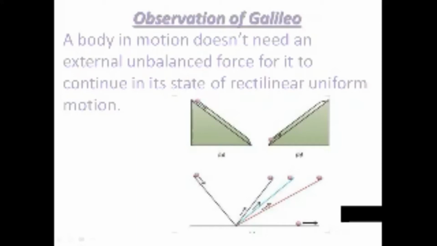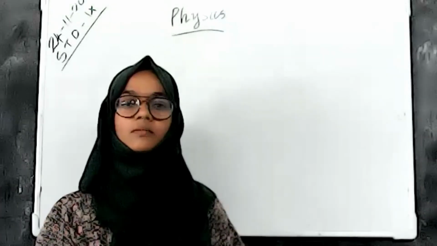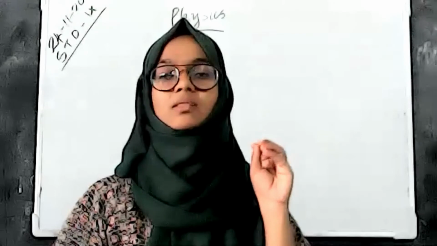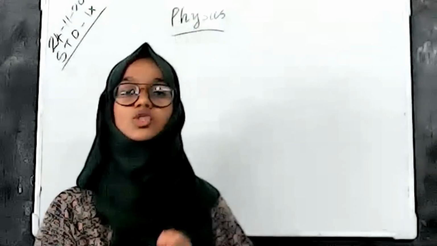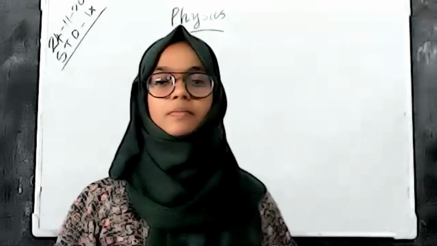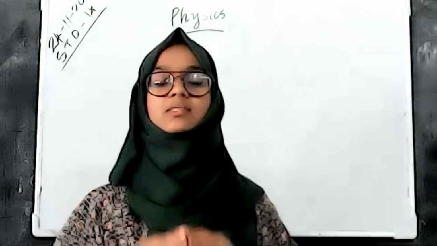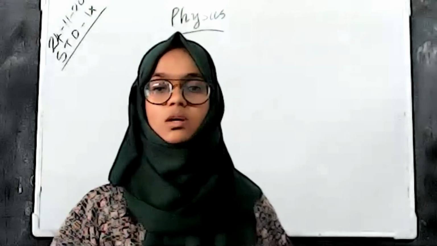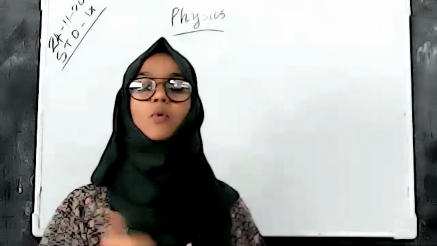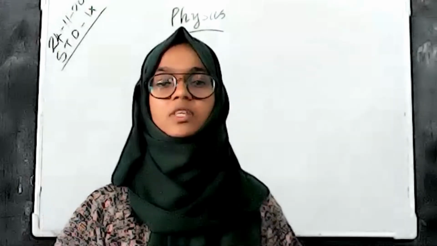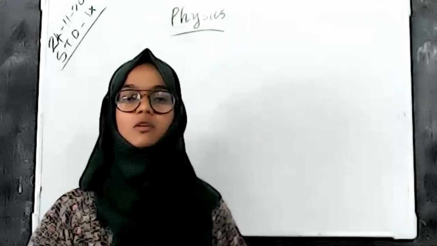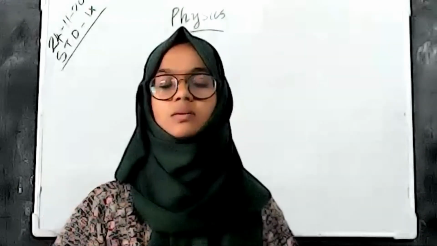Okay, that is, we are saying that an unbalanced force changes the state of rest of a body. And in some cases, there is no need of an external unbalanced force for changing the motion of a body. It has an internal force for changing its own state.